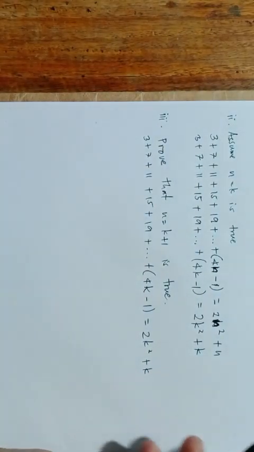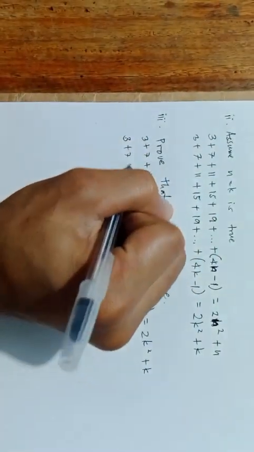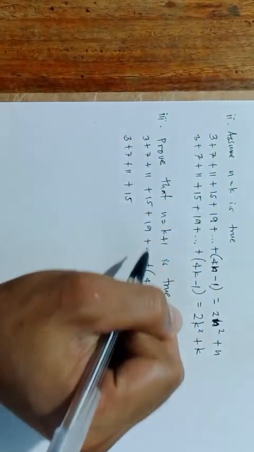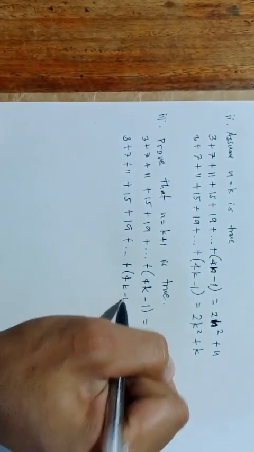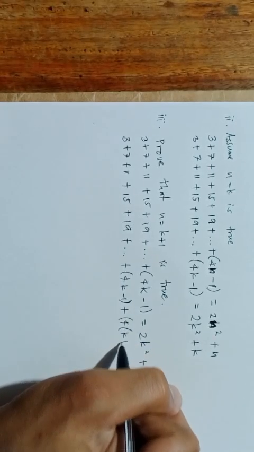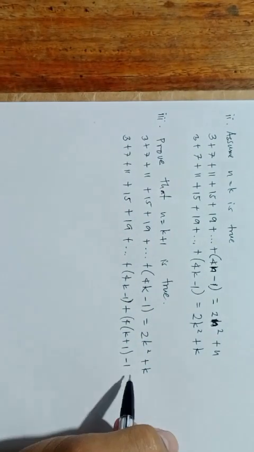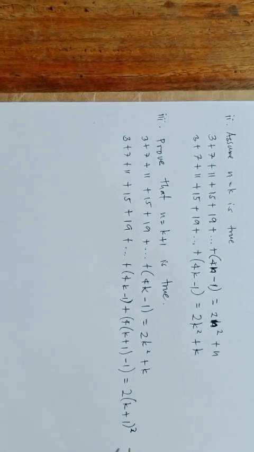And then we prove it for n is equal to k plus 1. So 3 plus 7 plus 11 plus 15 plus 19 plus 4k minus 1 plus 4 times k plus 1 minus 1 is equal to 2 times k plus 1 squared plus k plus 1.